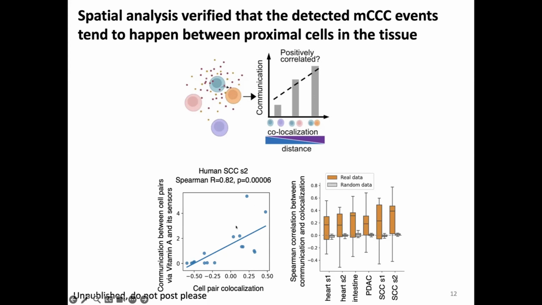So you can see we observe a very strong correlation between the cell co-localization and the communication scores. Overall, in the real data, the cells that show communication with each other show a correlation between their co-localization score and the communication scores.